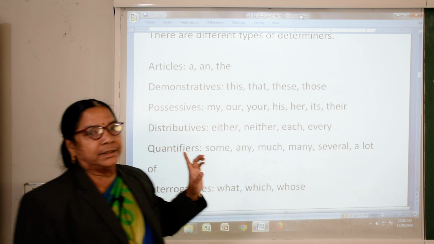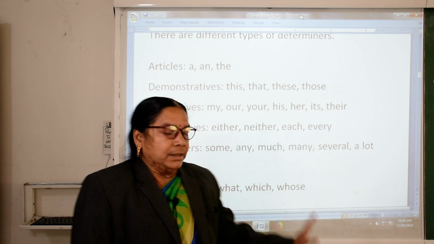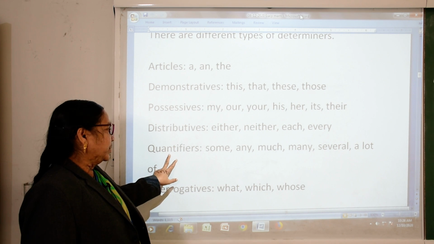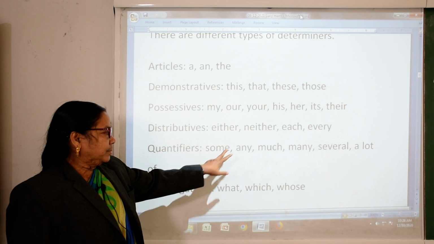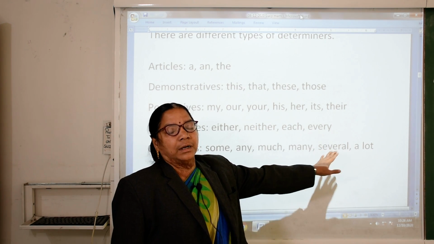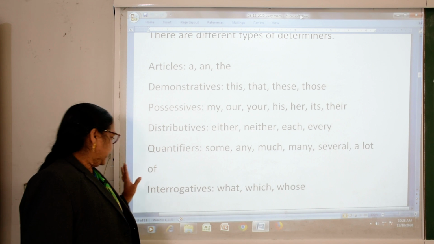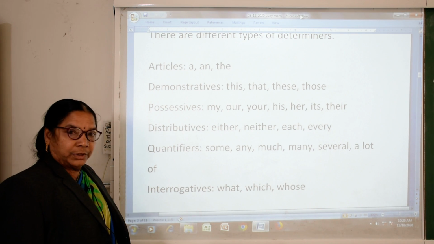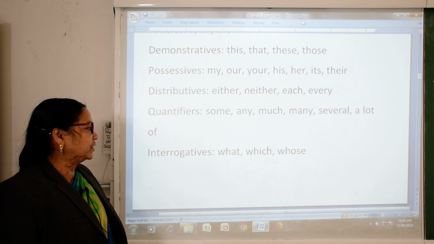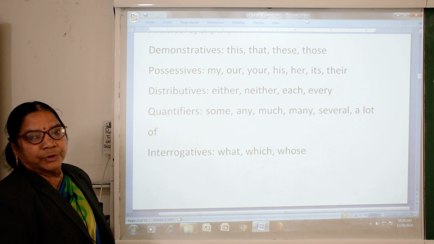We have already studied these in our noun and pronoun videos. Quantifiers: some, any, much, many, several, a lot of. Interrogatives: what, which, whose. These are the different types of determiners.